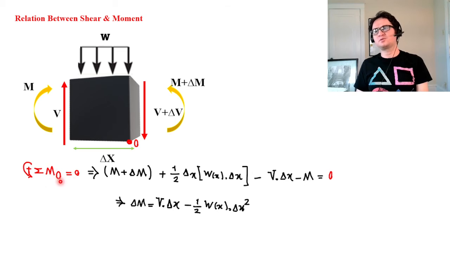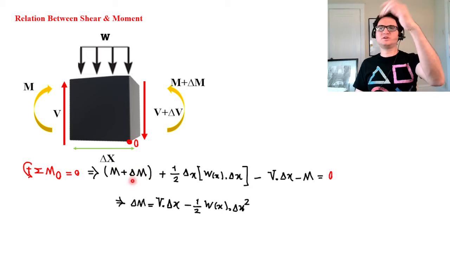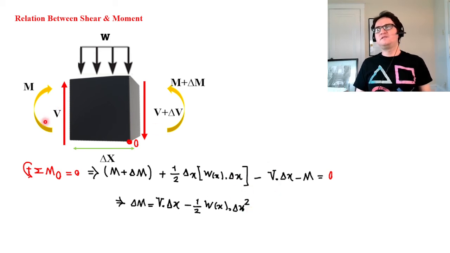Summation of moment about O goes zero, and that gives us M plus delta M, which is counterclockwise positive, plus the effect of distributed load, half of delta x, w(x) delta x, minus V, which is clockwise, and minus M, which is another clockwise, which is negative. And delta M, if you simplify the equation, gives you V times delta x minus half of w(x) delta x squared.